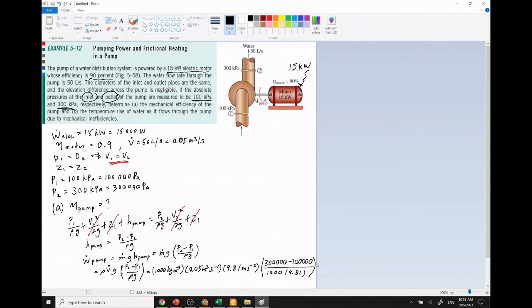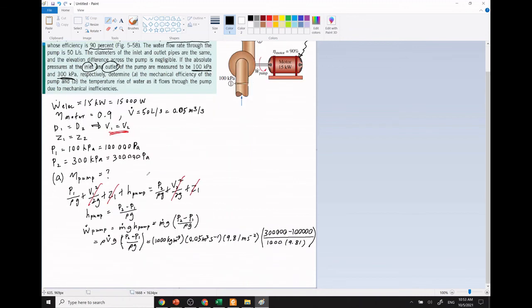Okay, so if we try to find the value of the calculation, what do we get? Let me just calculate using a calculator. Certain things can be cancelled out.